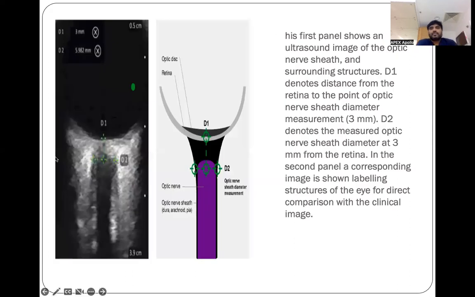The figure shows D1, the distance from the retina to the optic nerve sheath measurement, which is 3 mm. D2 denotes the optic nerve sheath diameter. The second panel shows the corresponding image for direct comparison with the clinical image.